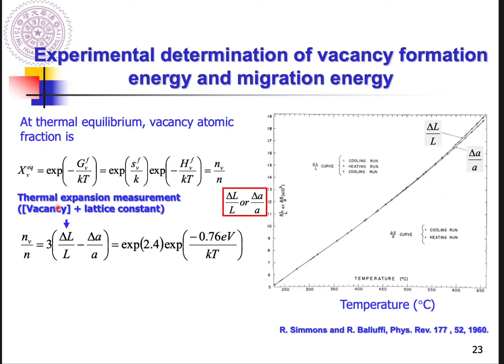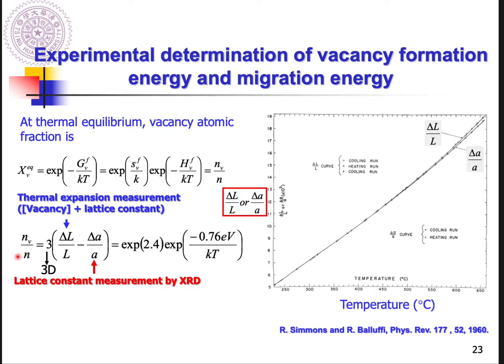the increase in the number of vacancies. How do you measure the increase of the lattice constant? You can do it by XRD. Then this is the length, right, in one dimension, so usually we multiply by 3 to get the three-dimensional term. Then this will equal XV, the vacancy atomic fraction.